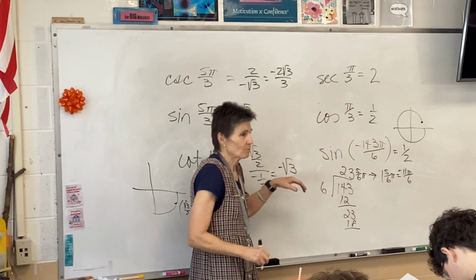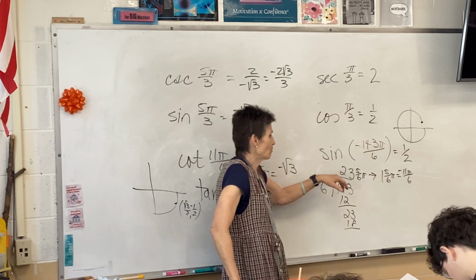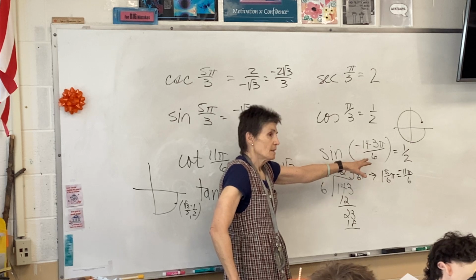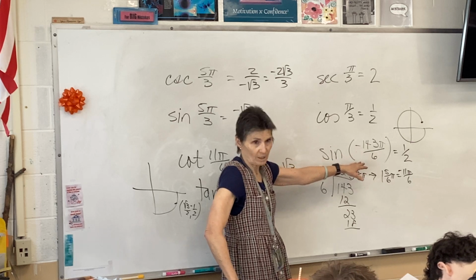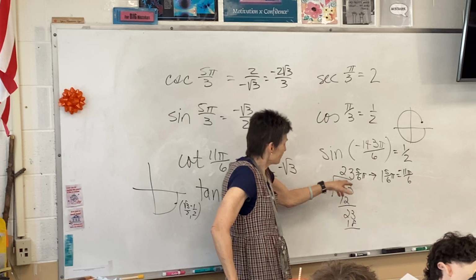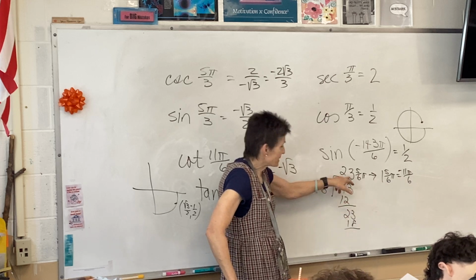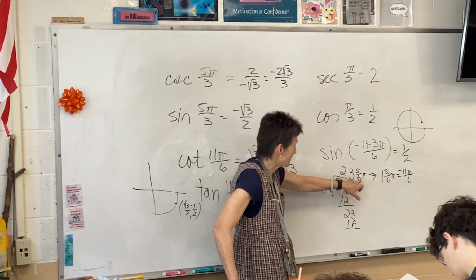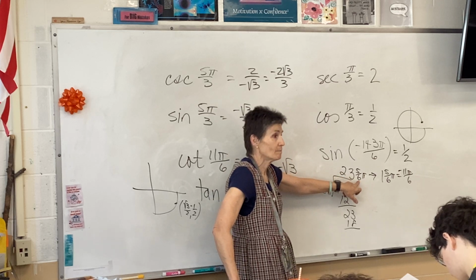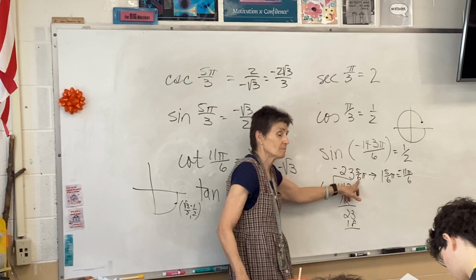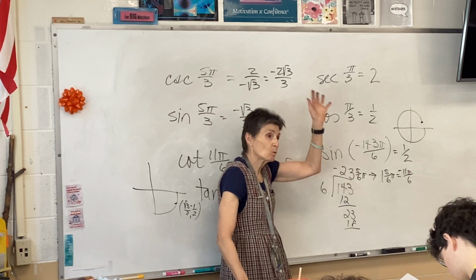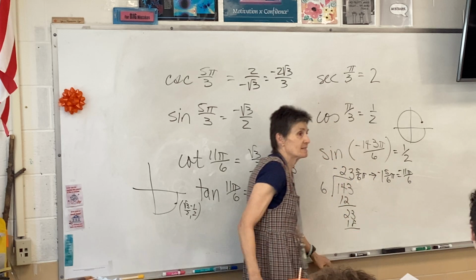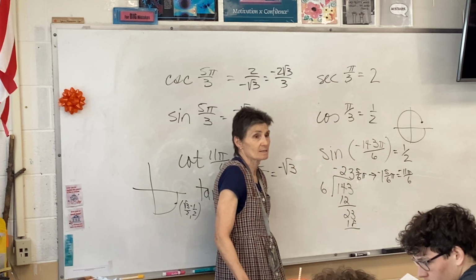Okay, let's walk back through that for those of you that got lost somewhere along the way. It's a huge angle, obviously more than one revolution. If I make it a mixed number, I can see exactly how many pies I've got: 23 whole pies and 5/6 of another one. I took out 22 pies and was left with negative 11/6, 1 and 5/6.